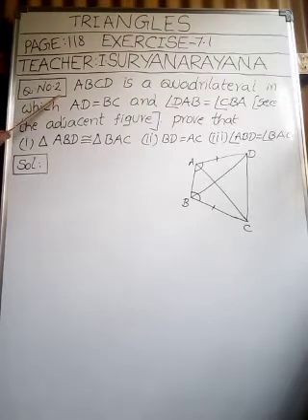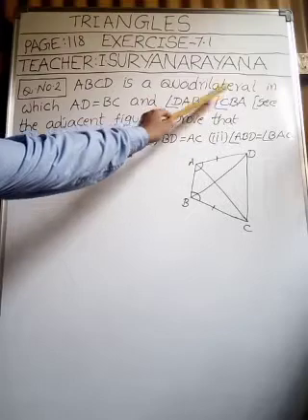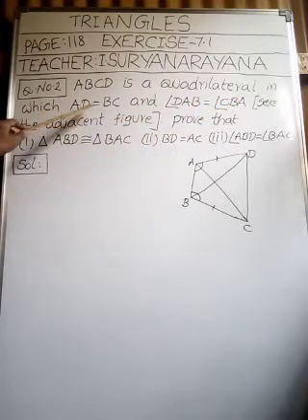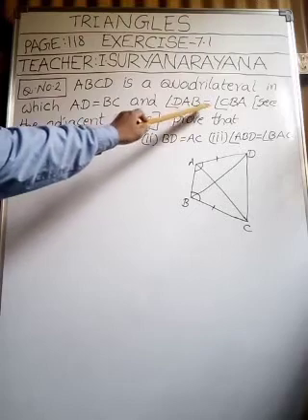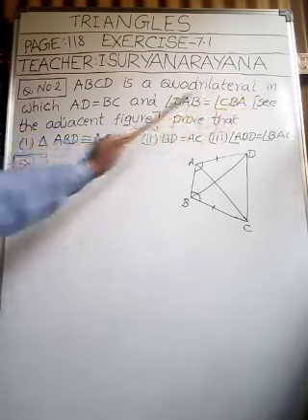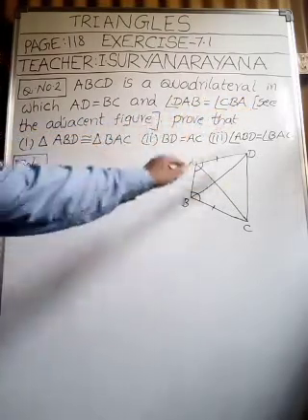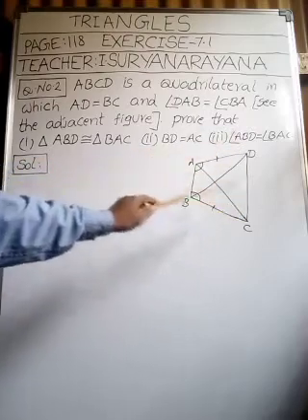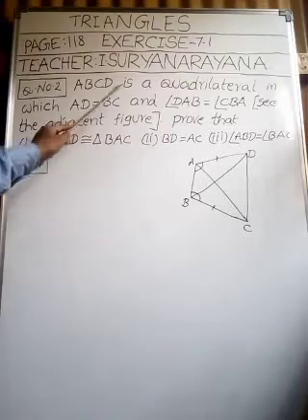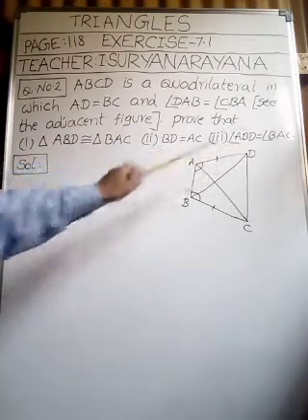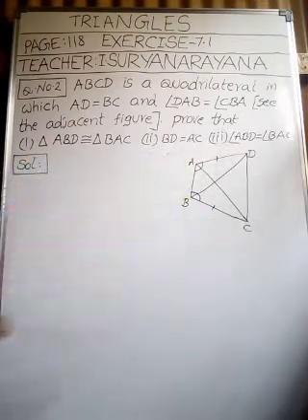Next, question number 2. ABCD is a quadrilateral in which AD is equal to BC and angle DAB is equal to angle CBA. See the adjacent figure. Observe this figure, my children. In this figure, ABCD is a quadrilateral. AD, this length, is equal to BC.